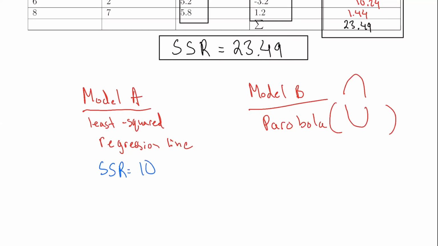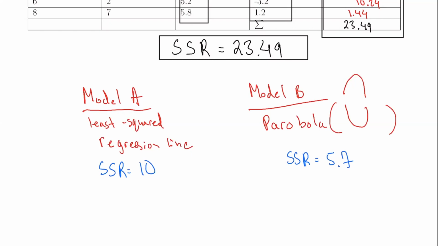Say we do the sum of square residual for model B, the parabola, and say we get a sum of square residual of 5.7. So which of the two did a better job on modeling our data set? Model A or model B?